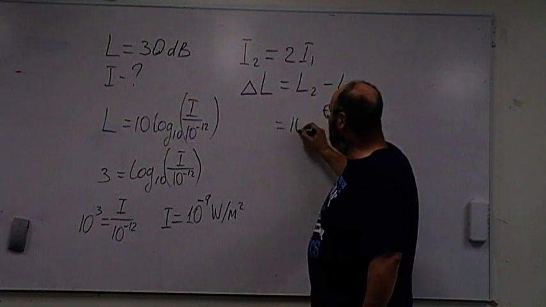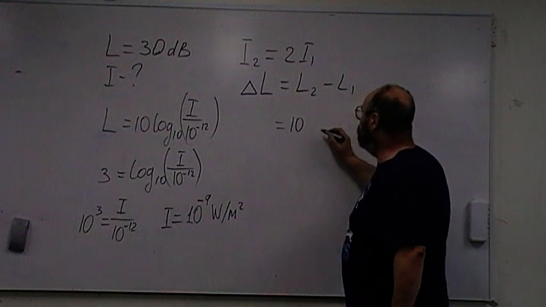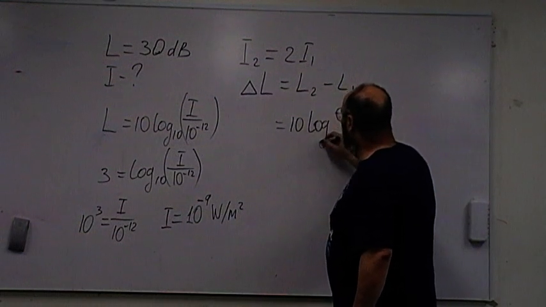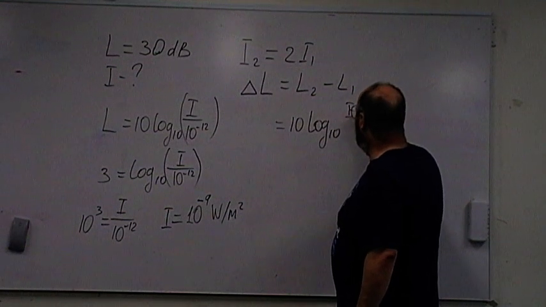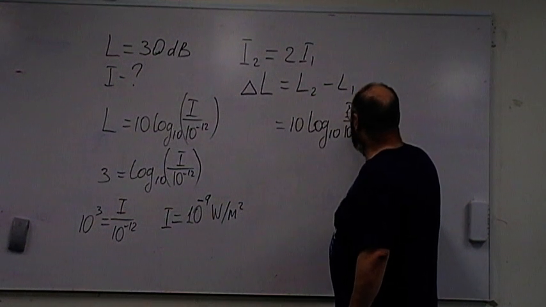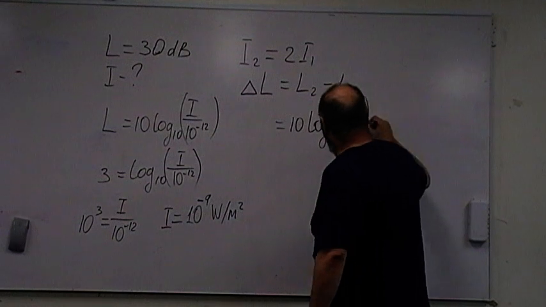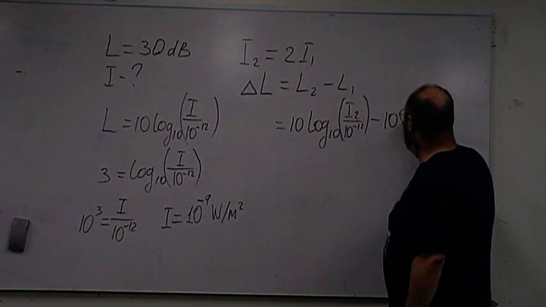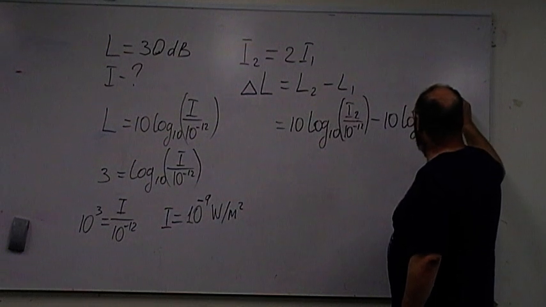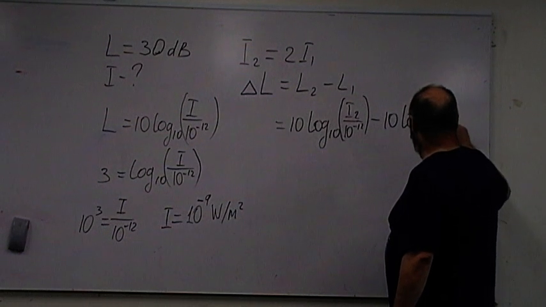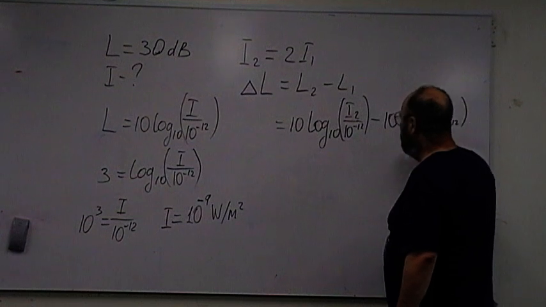We will have 10 log with the base 10 of I2 over 10 negative 12 minus 10 log with the base 10 of I1 over 10 negative 12.